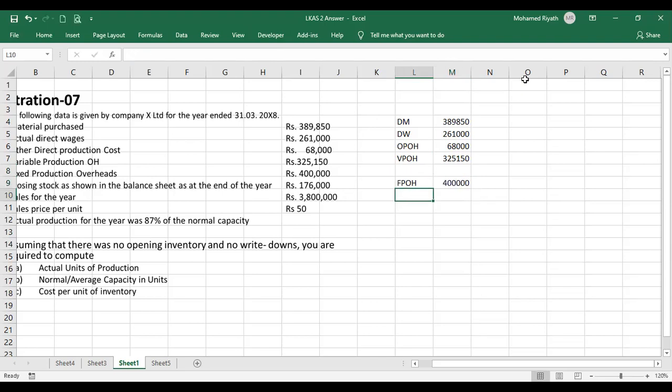And closing stock 176. It's a balance sheet value, no? It's a cost. And sales for the year 3.8 million. Then sales, cost of sales. We have to find cost of sales and sales.